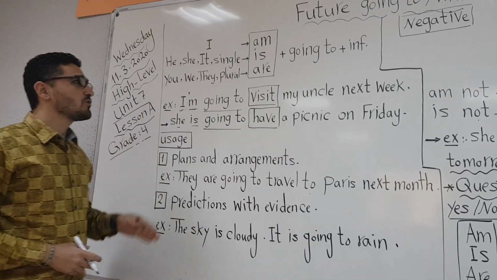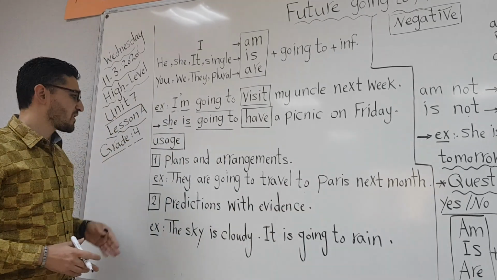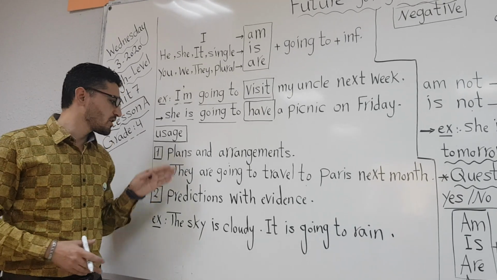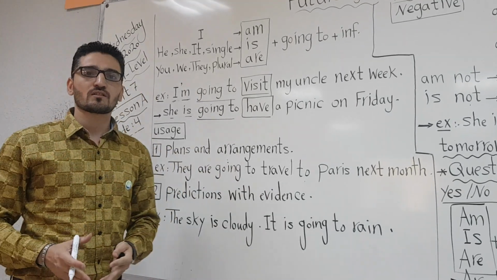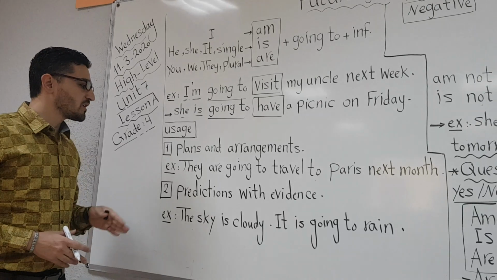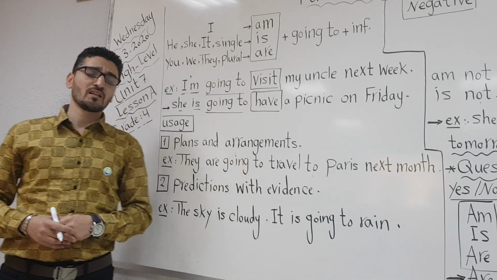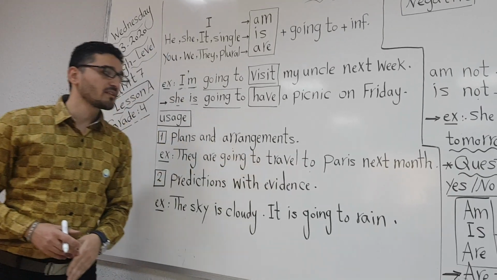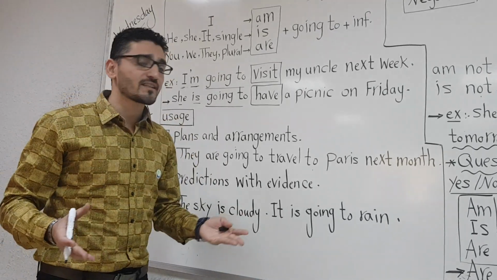Okay, when do we use am, is, are, going to express the future? Here, number one, we use am, is, are, going to, plus the verb to express plans or arrangements. Something you plan to do. Like, for example, when I say they are going to travel to Paris next month, this means that they arranged to travel to Paris next month, or they intend to travel to Paris next month.